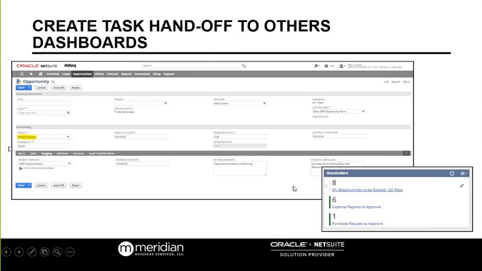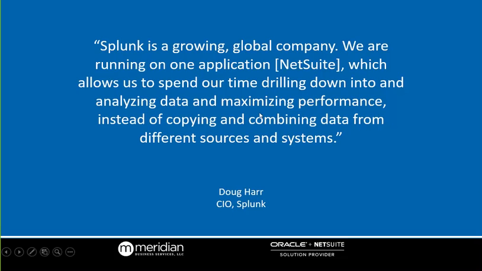So when I, as a salesperson, set the status to needs scoping, all of a sudden this opportunity shows up on the professional services dashboard, and he now has some work to do. That same theory goes with an expense report needing approval, or in manufacturing, a made-to-order item that needs to be approved or ordered. Once that made-to-order item is placed, there's a process that needs to take place on the back end, and that order automatically flows through to the appropriate person's dashboard so they can take action.